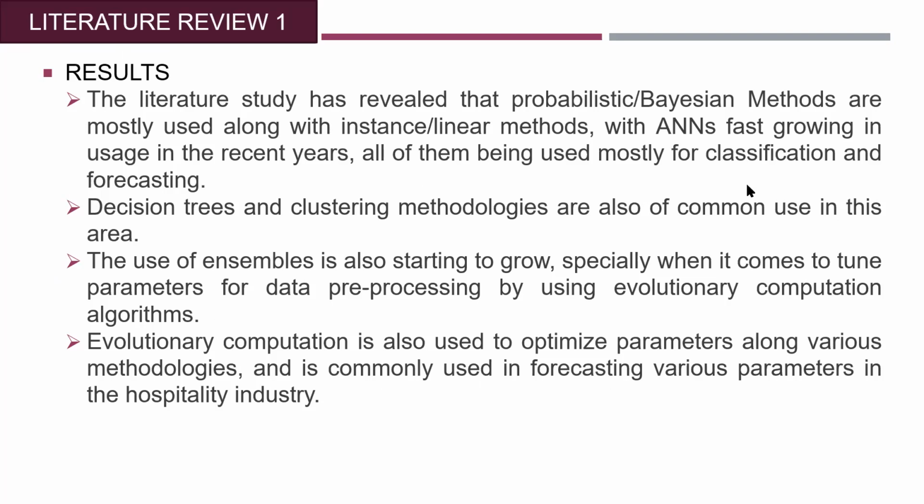The use of ensembles is also starting to grow, especially when it comes to tuning parameters for data preprocessing by using evolutionary computation algorithms. Evolutionary computation is also used to optimize parameters along various methodologies and is commonly used in forecasting various parameters in the hospitality industry.